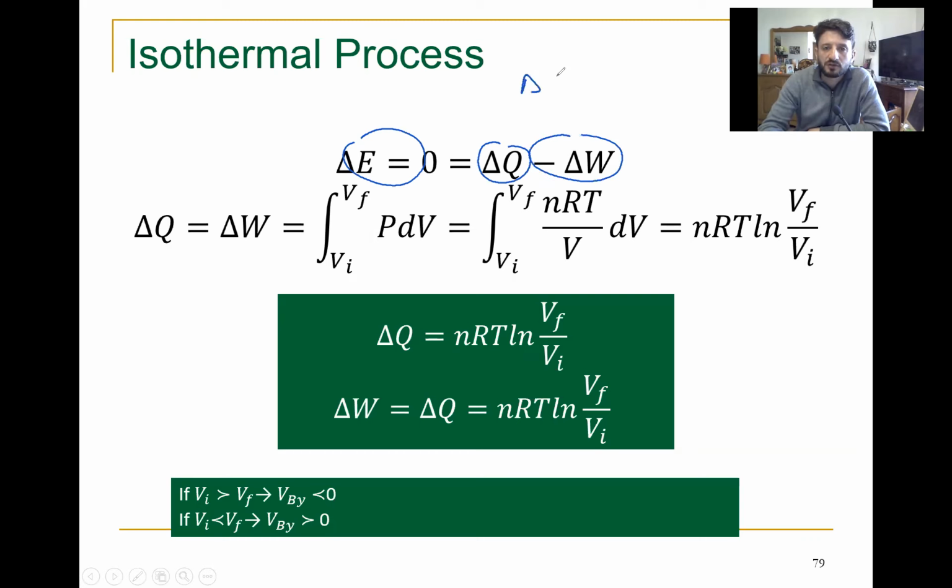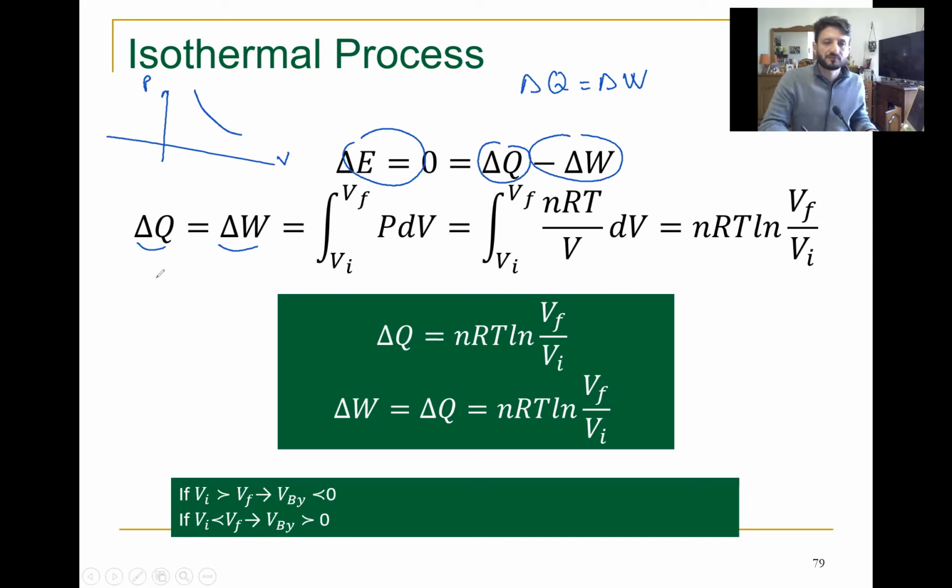You have to know dQ equals dW, and dW equals the integral of PdV. You know, in the case of isothermal, we have a relation between P and V like this. Okay? You have to know this relation. It's a parabola like this.